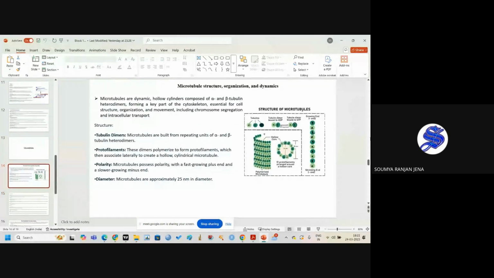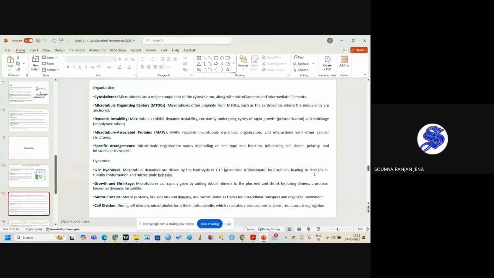Here beta tubulin always requires a tubulin dimer bound to GTP. One molecule of GTP is hydrolyzed, leading to changes in tubulin conformation and microtubule behavior. After the binding of this GTP molecule, the conformation and behavior will change.